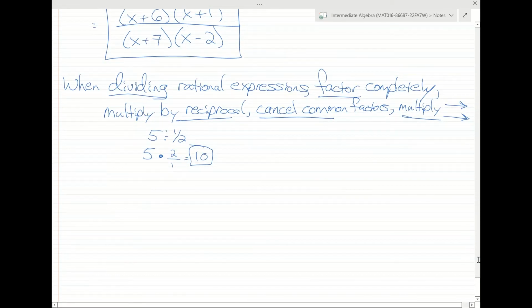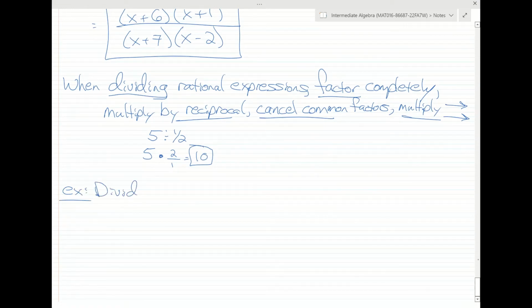What if I asked you just to divide? And we had 5y to the 4th over 3y to the 5th, divided by 10y over 15y to the 3rd.